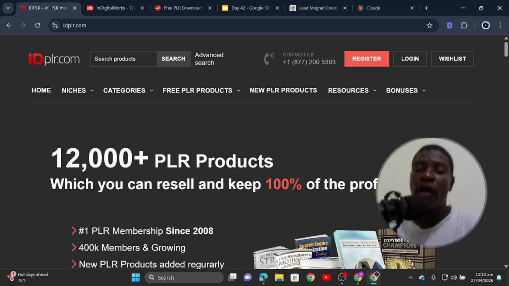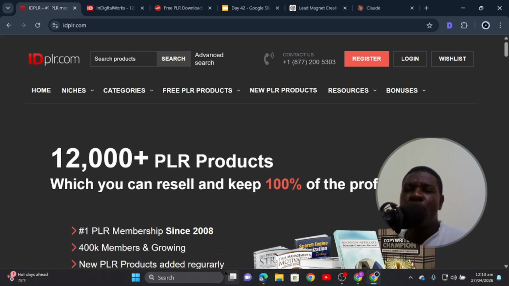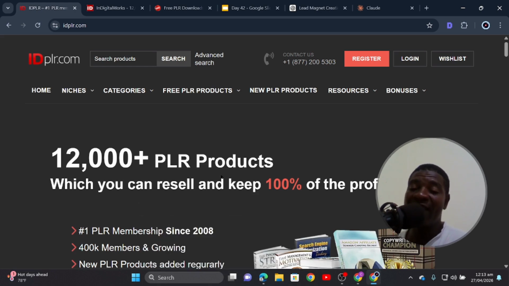You can just go and pick it and use it as your lead magnet, and off you go. You understand? But most of the time, you will not get exactly what you are looking for with this PLR. You have to do some editing before it becomes very suitable for whatever purpose you are going to use it for. But it still works all the time. So I'm going to show you how to go about these kinds of things.